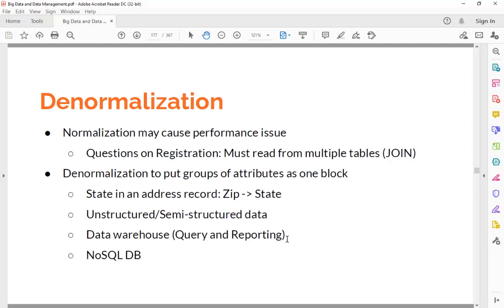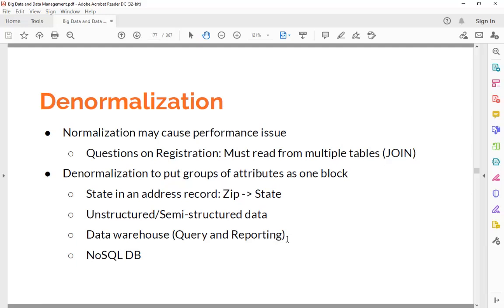Now this can be a performance hit. So that's when we say, why don't we want to go to 4th, 5th, 6th normal form? Because the effort you put into normalizing to this extent, and the gain you can get, it's just not worth your effort.